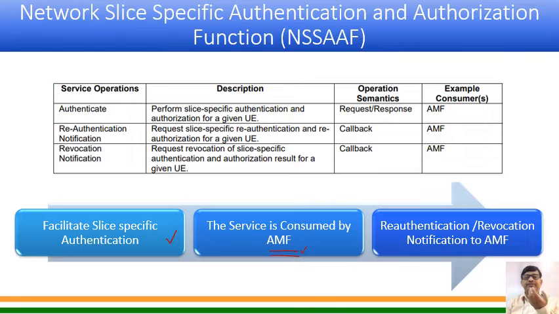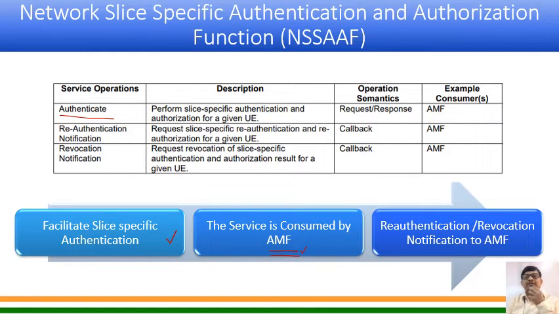It also enables re-authentication or revocation of a particular authentication which has happened earlier. So the first service is authenticate, right? This NSSAAF will perform slice specific authentication and authorization for a given UE.